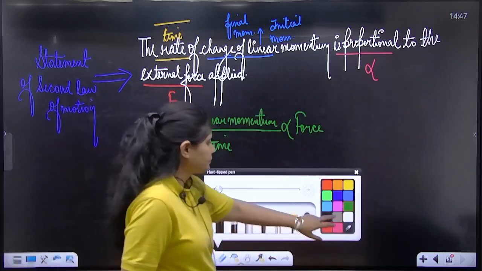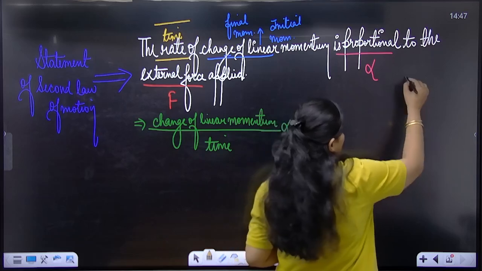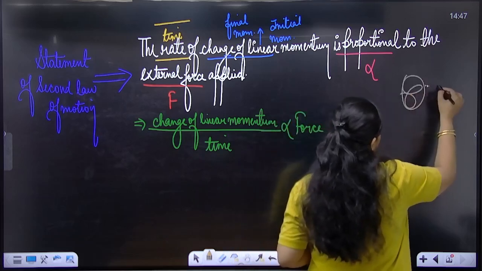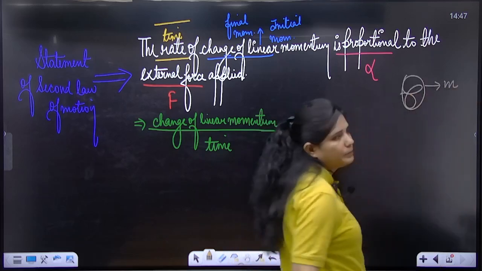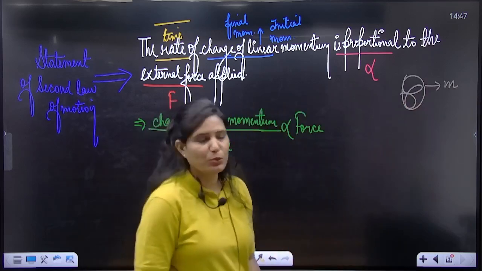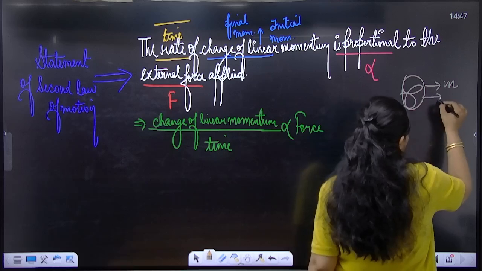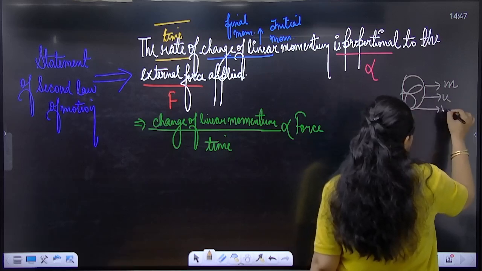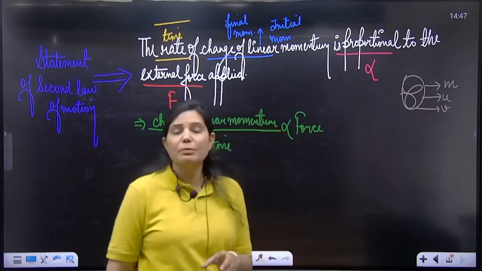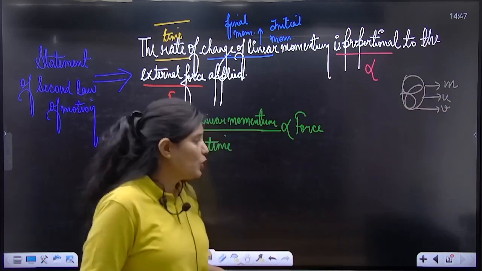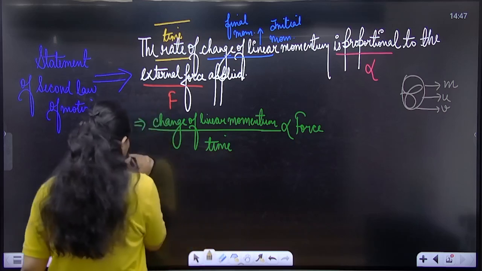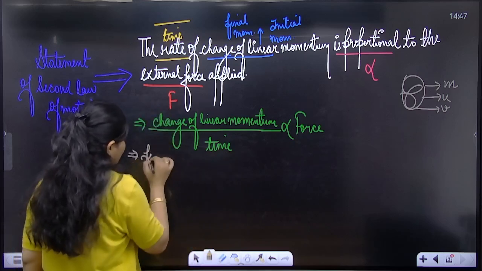And suppose that you have a ball. The mass of this ball is m. The initial velocity, you know that the symbol is what? U. And the final is v. And momentum is the product of mass and velocity, right?